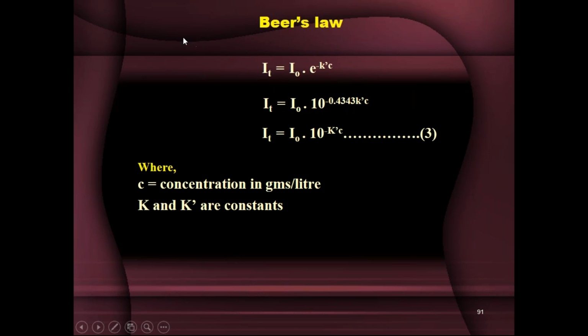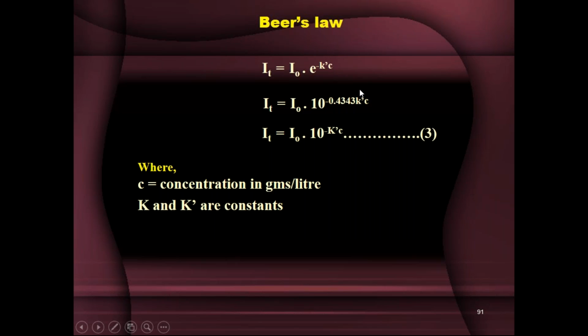So you will have to start the derivation right from minus di by dc is proportional to I, and then remove the proportionality sign: minus di by dc is equal to k dash I. Then integrate between the limits of I equals IO when C is equal to 0 to I equals IT when C equals C. So wherever you had B, you now use the concentration term C. And when you integrate, ultimately you get IT equals IO into e raised to minus k dash C. Then converting from natural logarithm to common logarithm, you get IT equals IO into 10 raised to minus 0.4343 k dash C, or 10 raised to minus k dash C by 2.303.